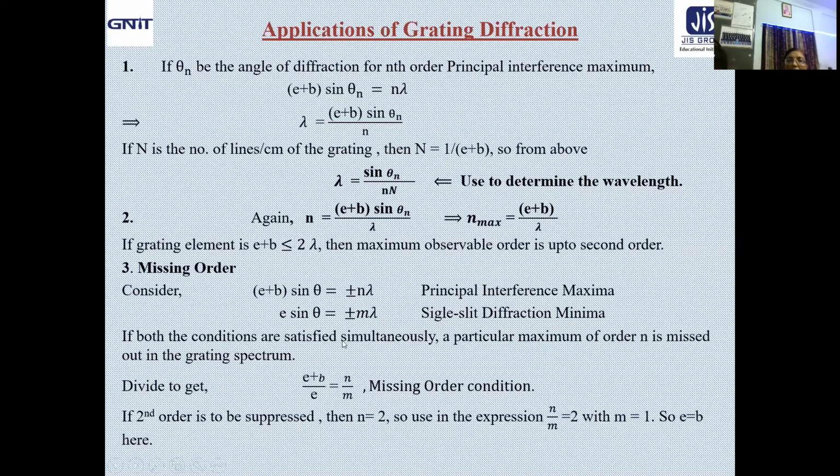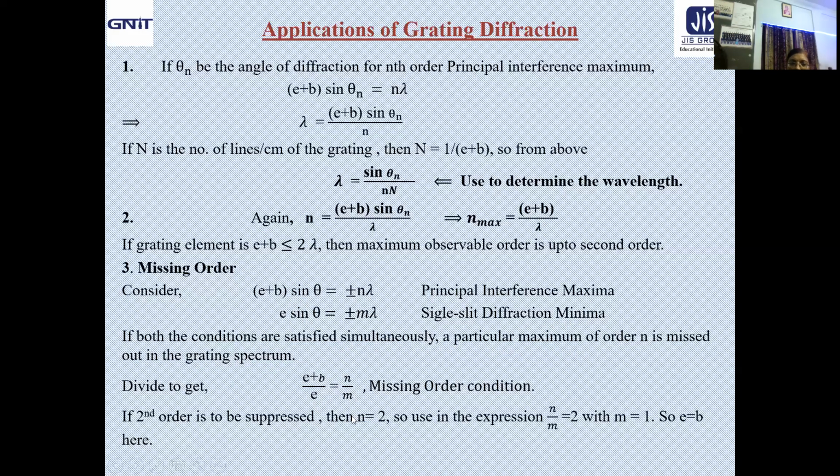Now, if both the conditions are satisfied simultaneously, a particular maximum of order n is found to be missed out in the grating spectrum. That means if they overlap, the condition for missing order, you will get (e plus b) by e equal to n by m.